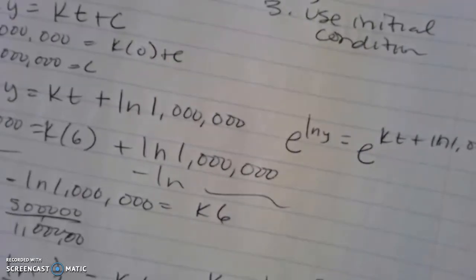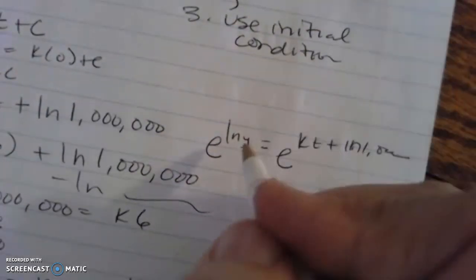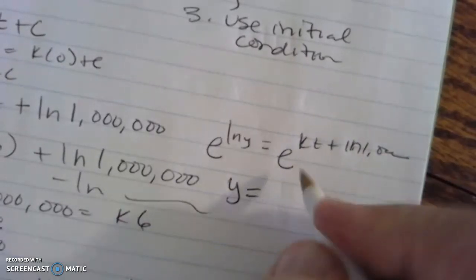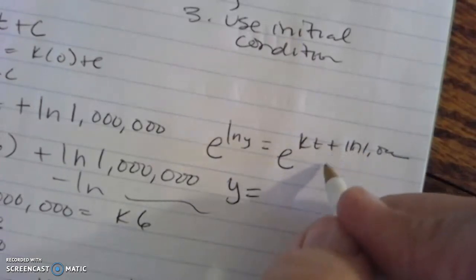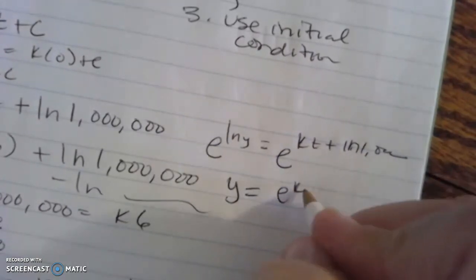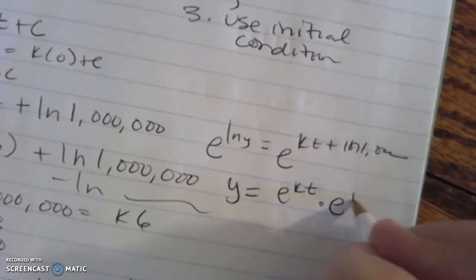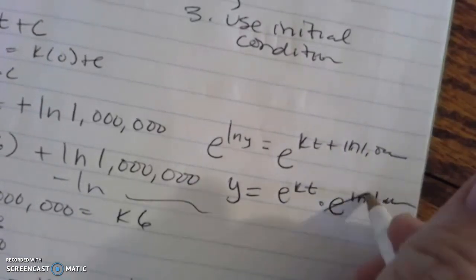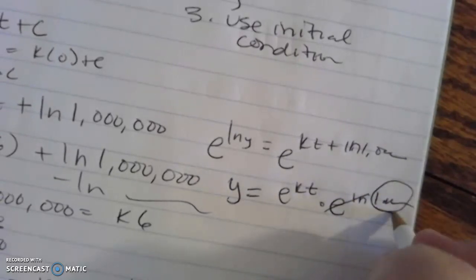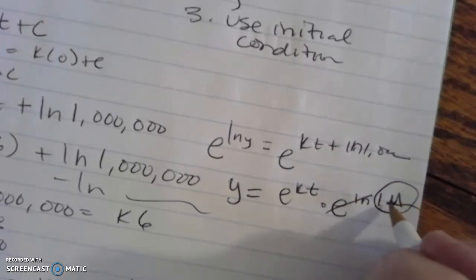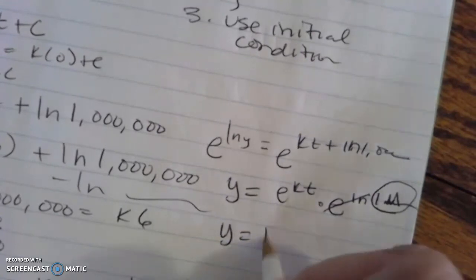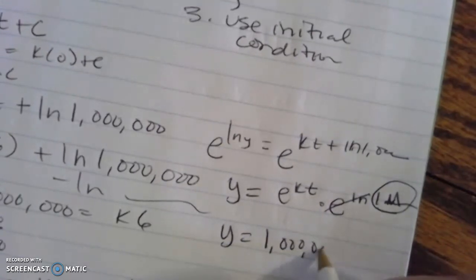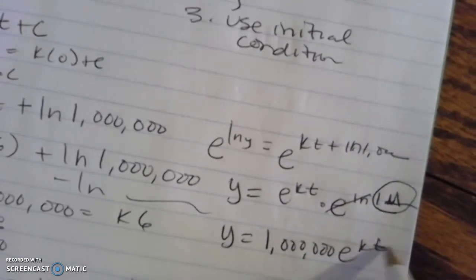Sorry, you probably can't see what I'm writing. And then that changes it to y equals e to the kt times e to the ln 1 million. That cancels out. This 1 million is my constant, so it's y equals 1 million e to the kt.